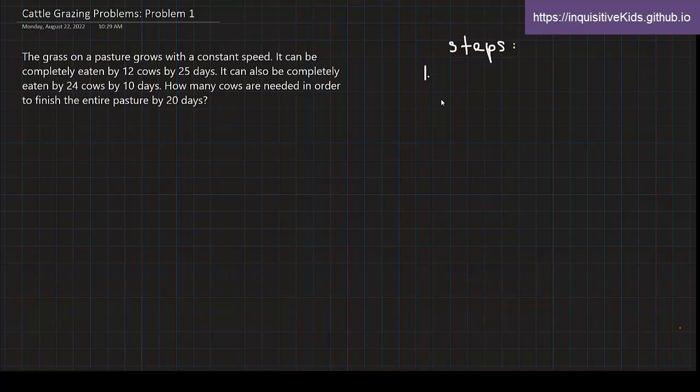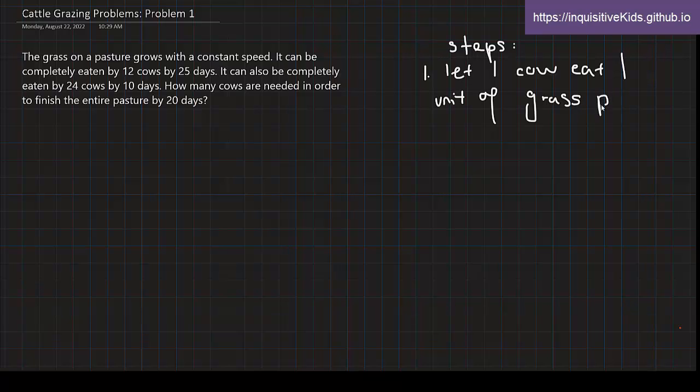Number 1 is to let one cow eat 1 unit of grass per day, so in 1 day. So that's our first step, right? Just setting that value so we know what the rest is based off of.